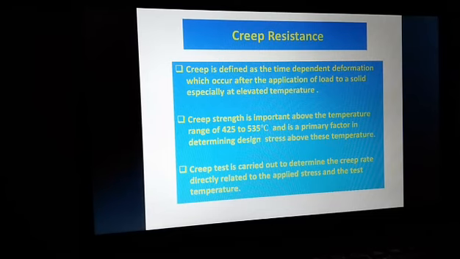Creep strength is important above the temperature range of 425 to 535 degrees centigrade and is primarily a factor in determining design stress above this temperature. A creep test is carried out to determine the creep rate directly related to the applied stress and the test temperature.